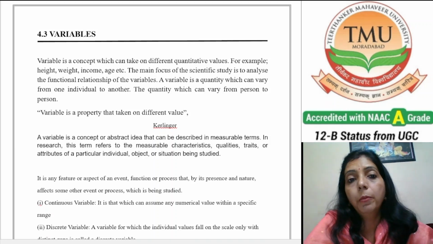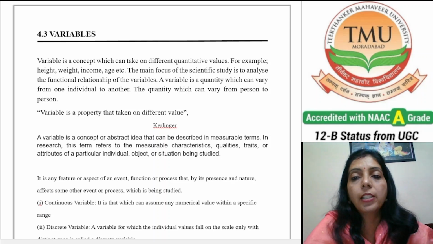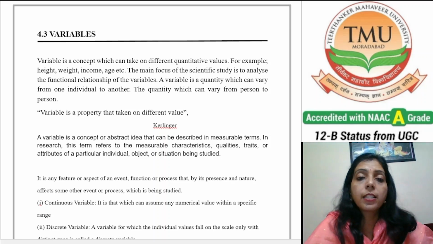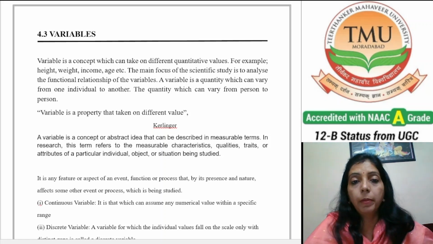Next, moderator. What is a moderator? A third variable that, when introduced into an analysis, alters or has a contingent effect on the relationship between an independent and a dependent variable.